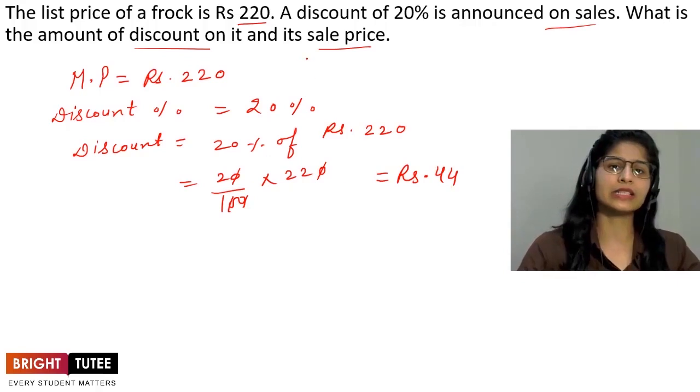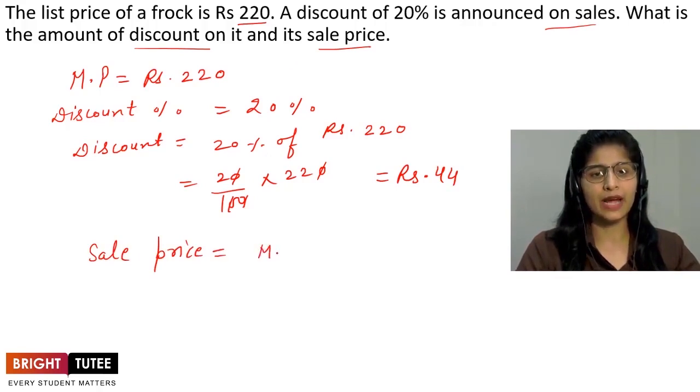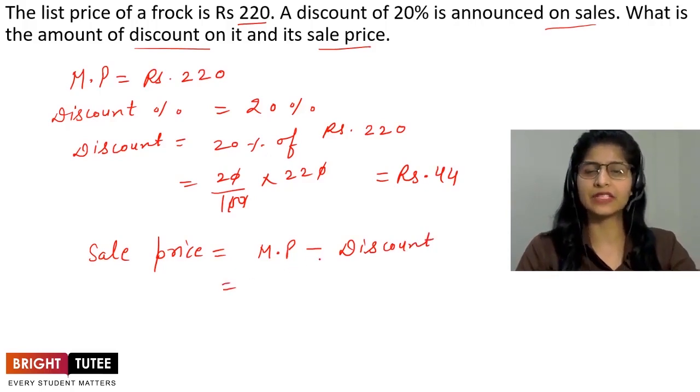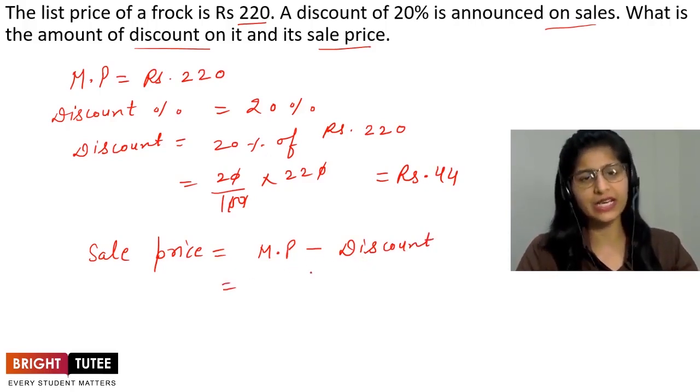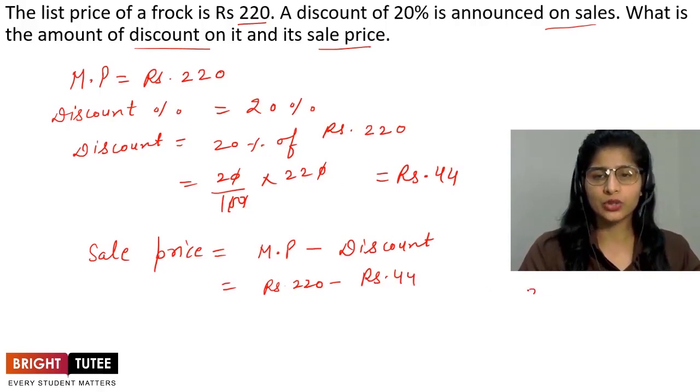Now they're asking the sale price. How do we calculate the sale price? The sale price is marked price minus discount. Yes, because from the marked price, if we subtract the discount, we will definitely get the sale price. So marked price is rupees 220 minus discount is rupees 44. So 220 you have to subtract 44.